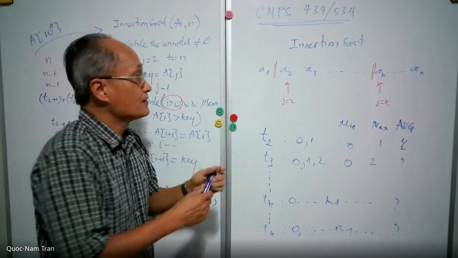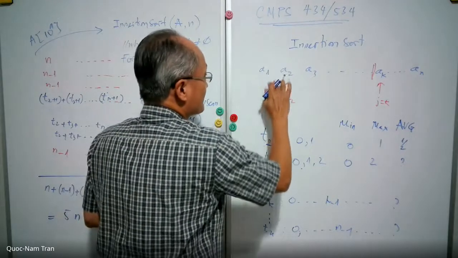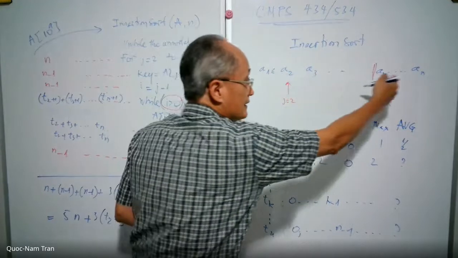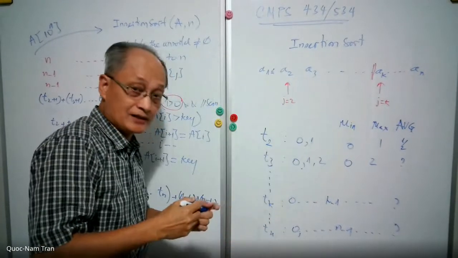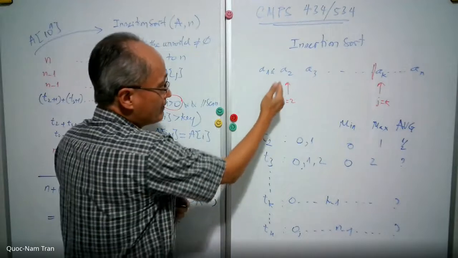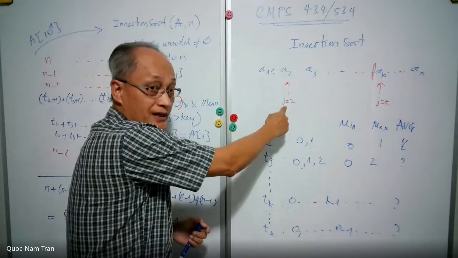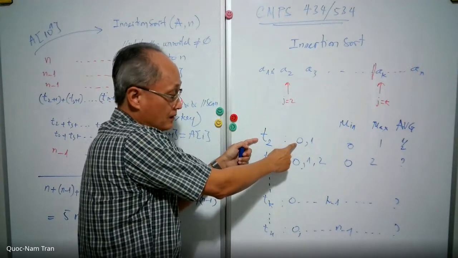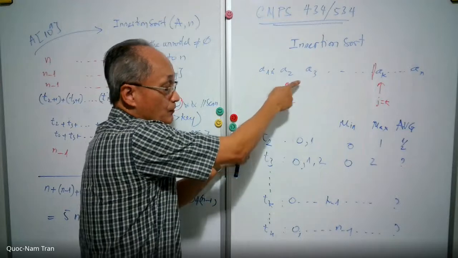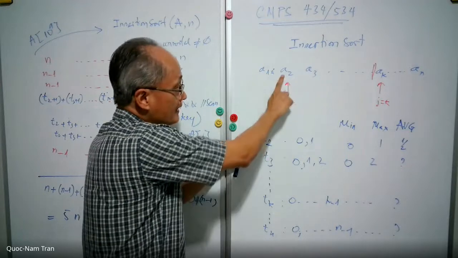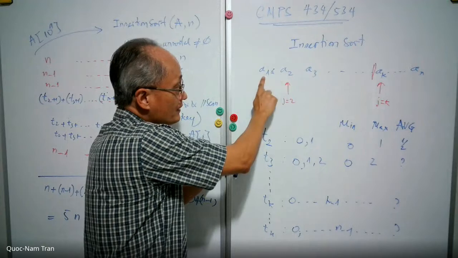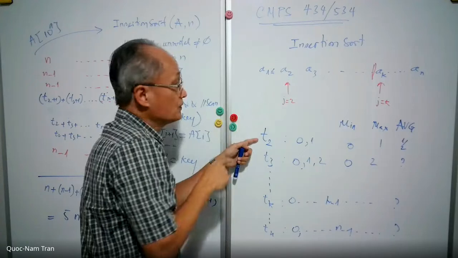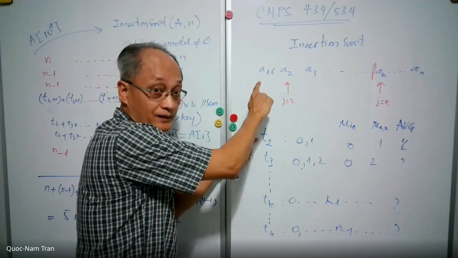So that said, you have A1 less or equal A2, less or equal A3, and so on up to An. So at every value of the J, we have 0 moving, right? Because A2 is already bigger, A1 will not be moved to the right when we insert A2, right?